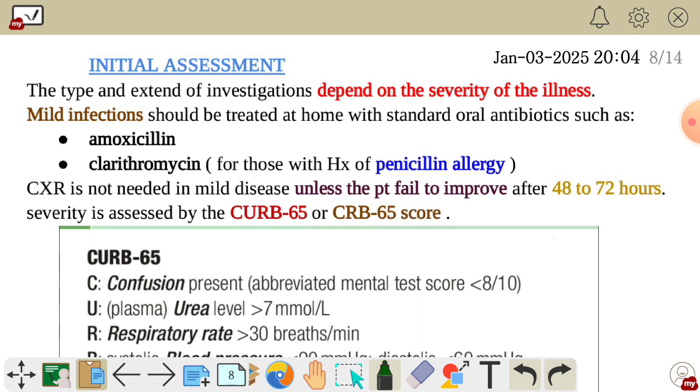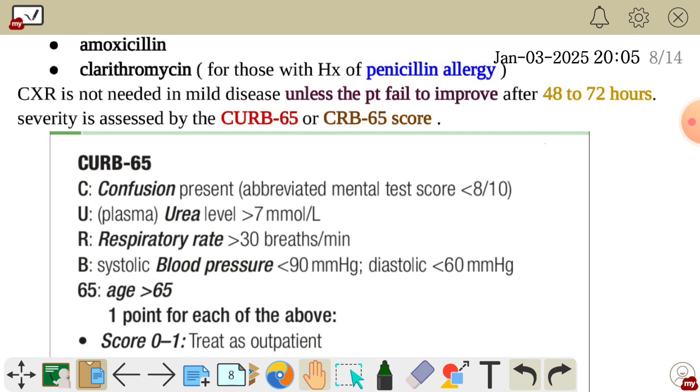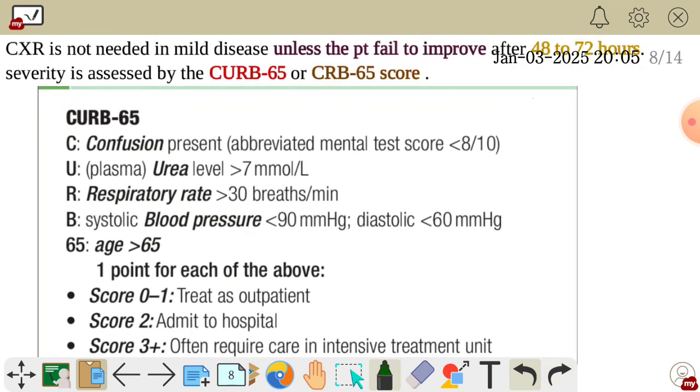But for us to know that this infection is mild or severe, we use a certain score which is called CURB-65. Okay, CURB-65. So CURB-65 or CRB-65 score stands for C, that is for confusion.